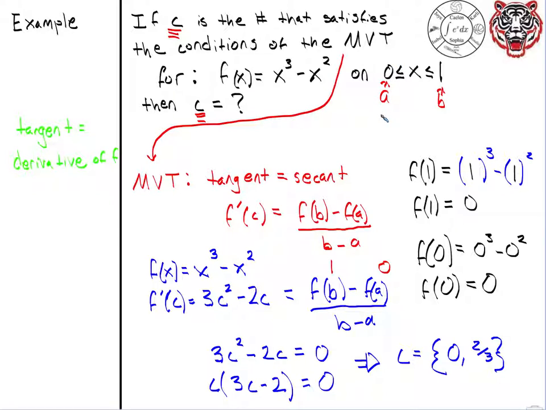What do we know about endpoints in terms of their differentiability? Endpoints don't really have a slope, yeah. So we're not actually sure about 0 because we took the derivative to find 0. So because this is an endpoint, we're only going to be saying c is equal to 2/3.